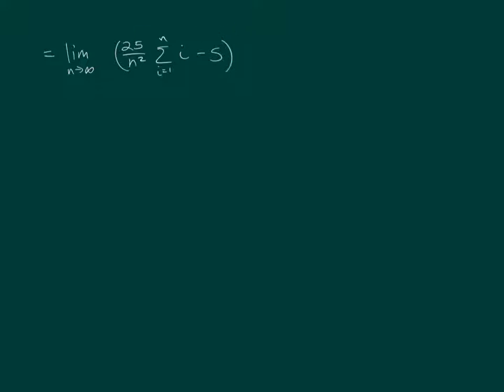The only thing we need to do now is simplify this summation. And in order to simplify that summation, I'm just going to write it off to the right here. The summation as i ranges from 1 to n of i is equal to n times n plus 1 over 2. So this will go in place of that blue box right there.